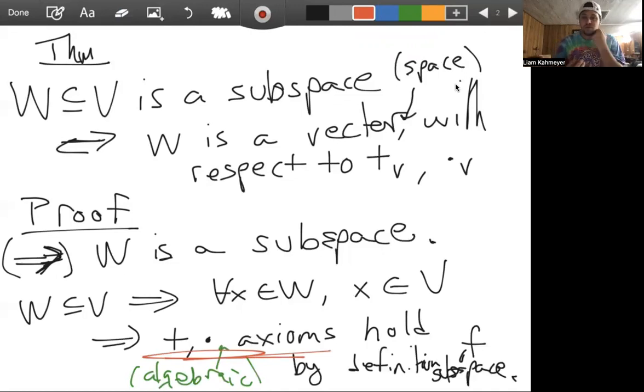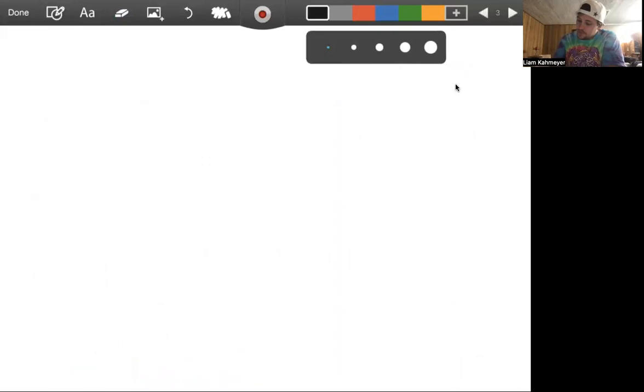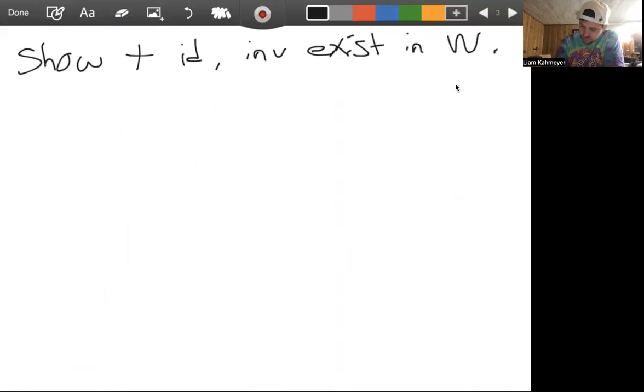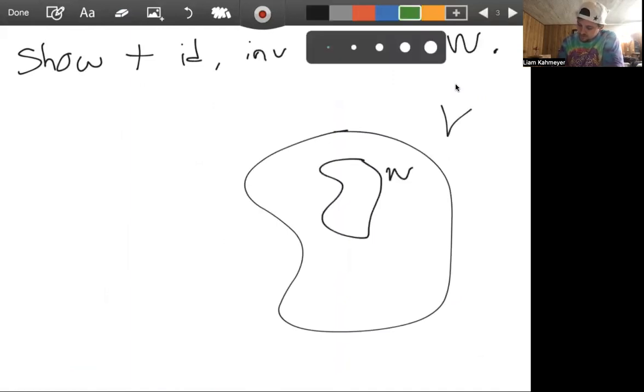What haven't we shown though here? We have not shown the existence of an inverse and identity element for addition. So we need to show the additive identity and inverse exist in W. Because here's V, and we're looking at some subset W or some subspace.